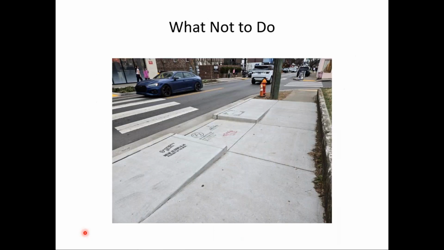But this is what not to do. I took this over the Christmas holidays. I was traveling. Looks like a relatively new sidewalk and curb ramp construction. Notice though, there is no detectable warning surface, so that's a major omission there. But notice the pedestrian circulation path is from the back of curb to this little retaining wall, I guess, at the back of sidewalk.